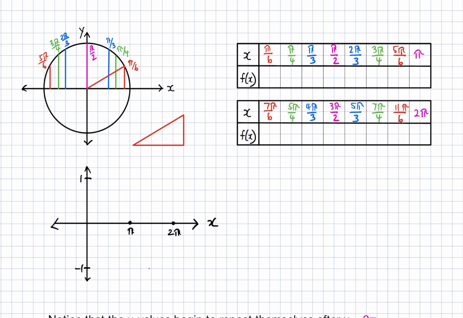Okay, and so what you should notice is that when we are at pi over 6, this is equivalent to 30 degrees. Now, if you forget how to convert radians to a degree measure, you're just going to take the radian measure, in this case pi over 6, and multiply that by 180 over pi. So when you go from radian to degree, you multiply by 180 over pi.